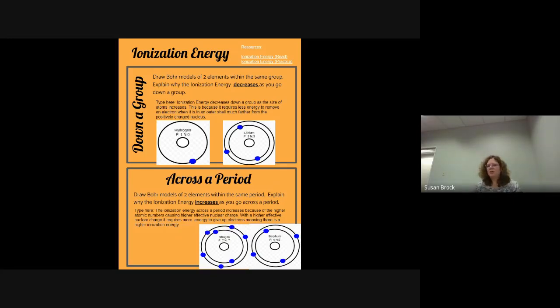So across a period, it increases. It's harder to take those electrons away because there's more charges, more force. It's harder to take something away from the nucleus because it's holding on so much tighter to its electrons. So Coulombic attraction is effective all the way here.